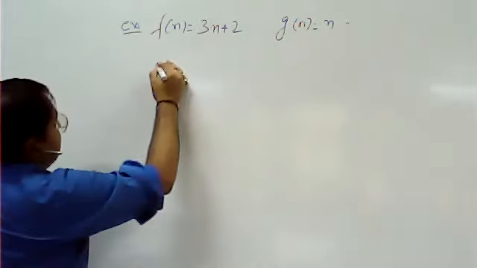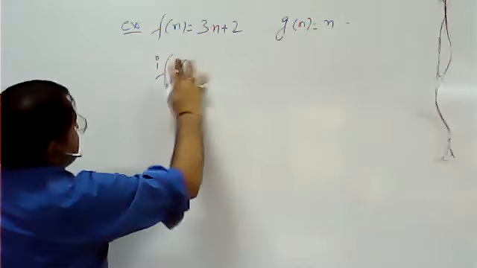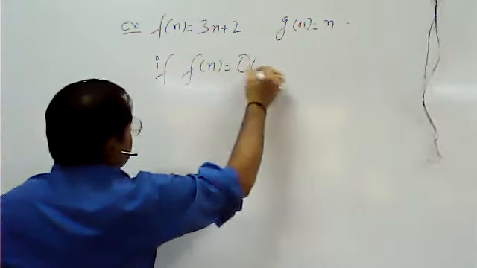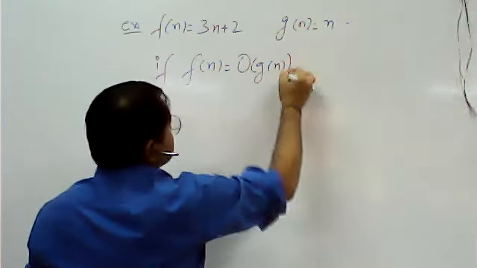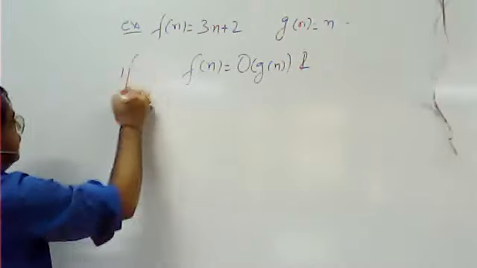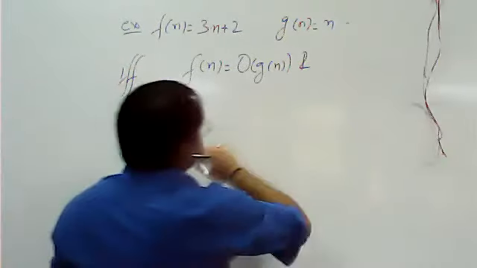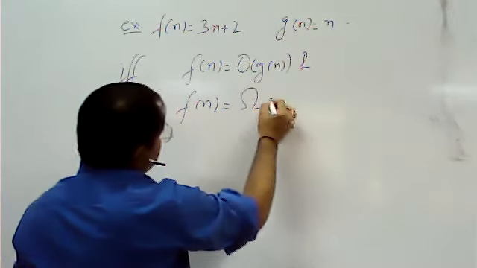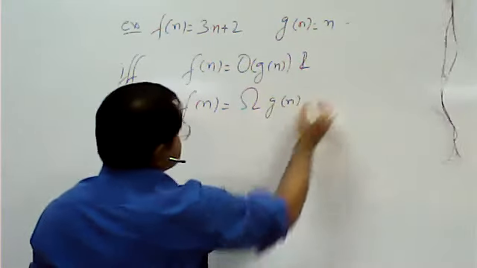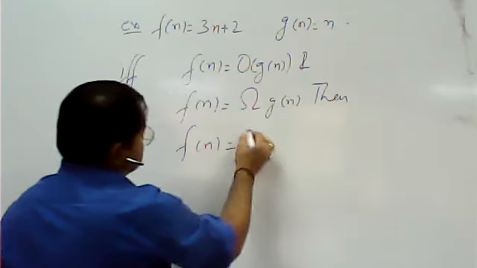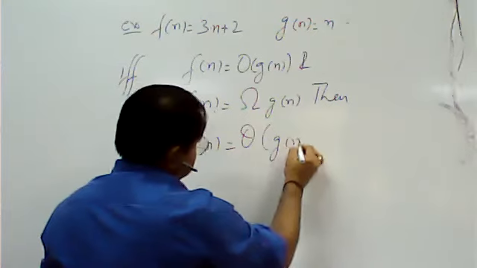What you have to remember is that Fn is equal to theta of Gn if and only if Fn is equal to order of Gn and Fn is equal to omega of Gn.